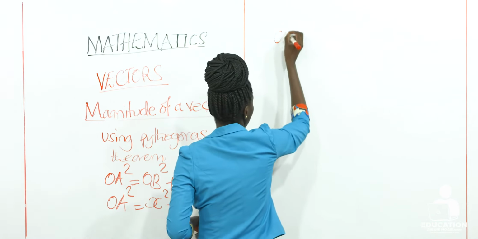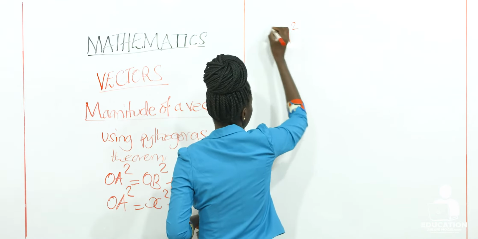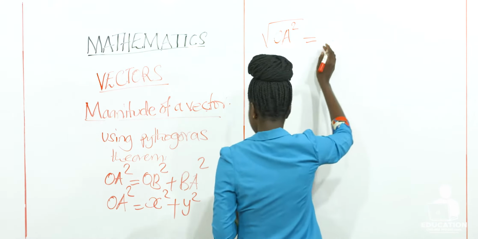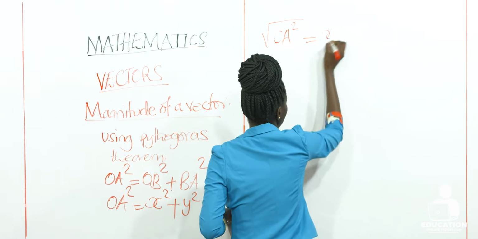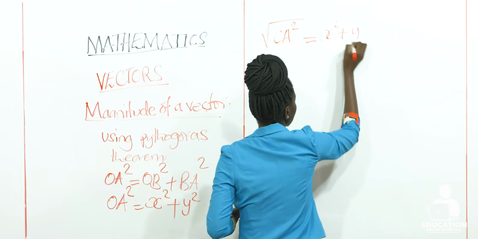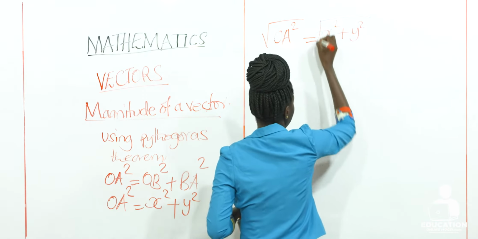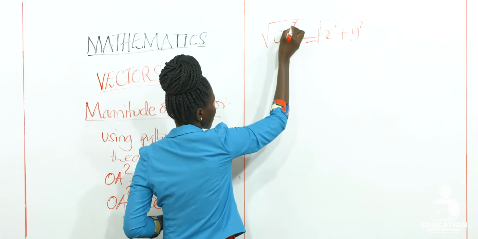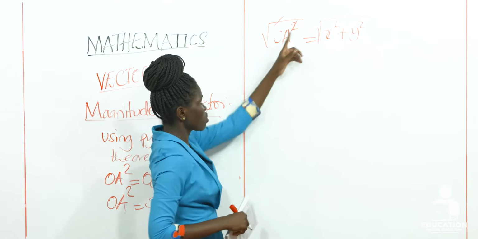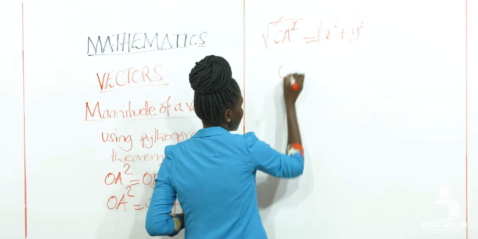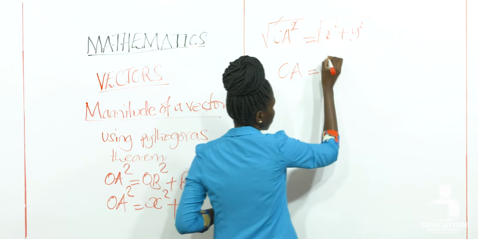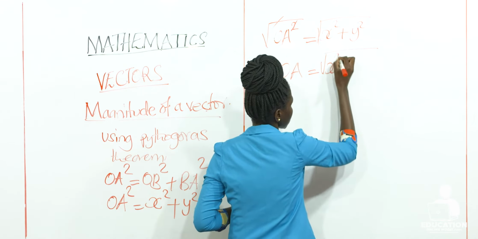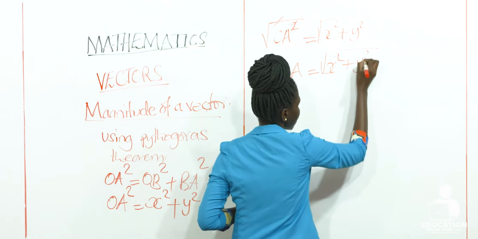So we shall have the square root of OA squared is equal to, on the other side, the square root of x squared plus y squared. In this case, we want the value of OA, so the square root sign will cancel with the 2, and we shall be left with OA is equal to the square root of x squared plus y squared.